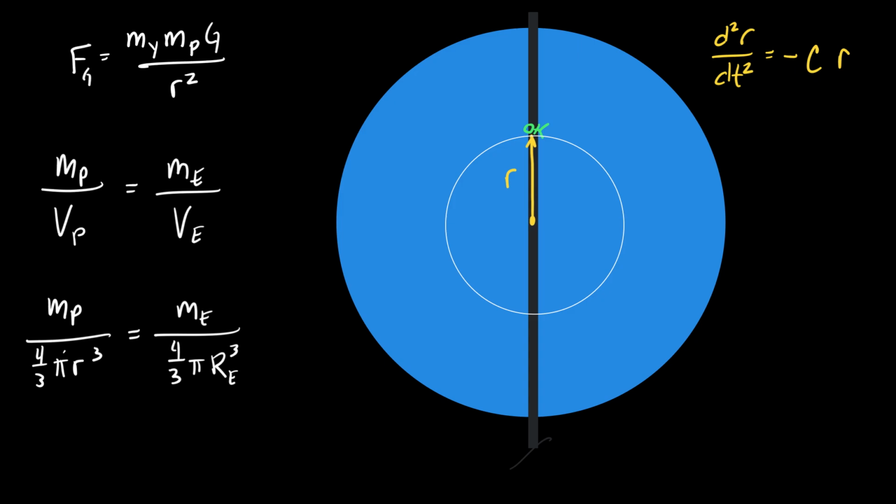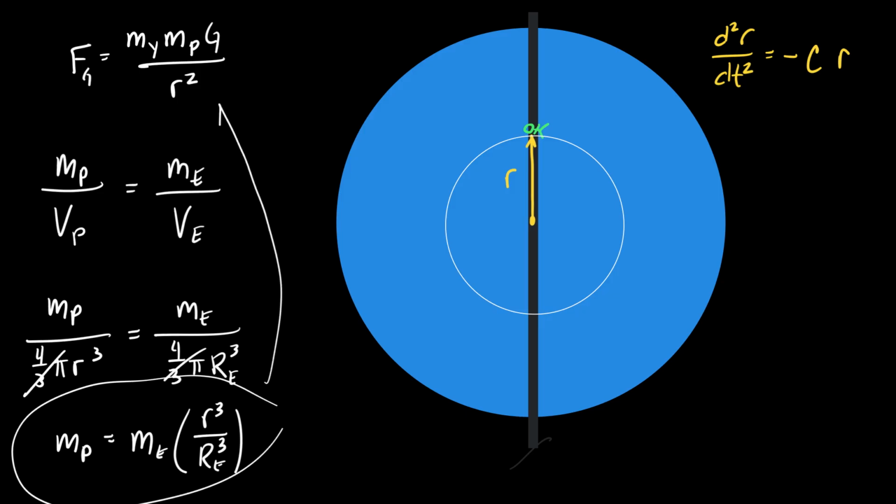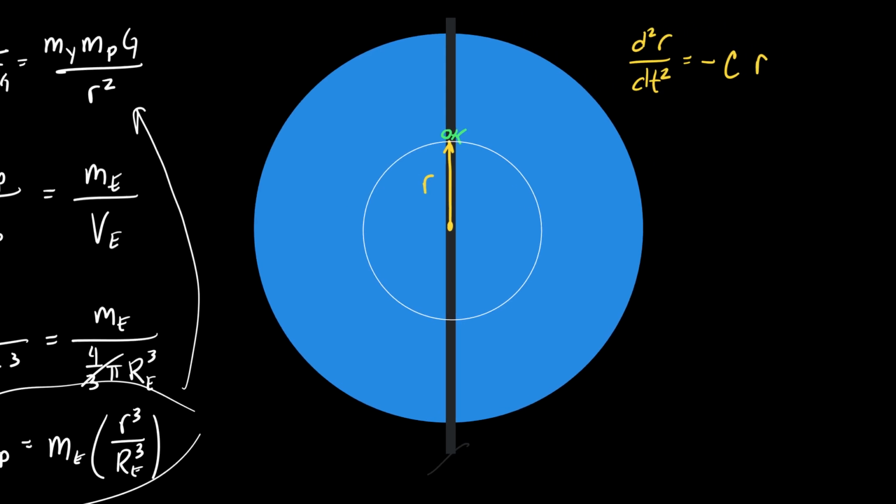So cancel out those 4/3, solve for the mass of the pit, and we get mass of the Earth times little r cubed divided by big R cubed. Everything okay? All right. I'm out of space a little bit, so I'm just going to take this and substitute in for the mass of the pit. All right? So we'll do that over here.